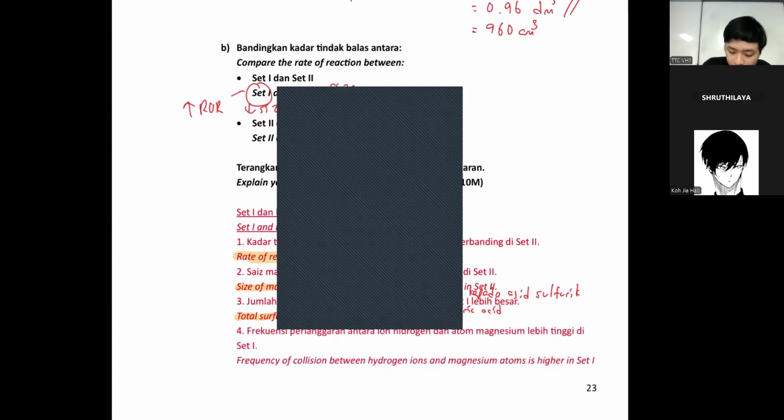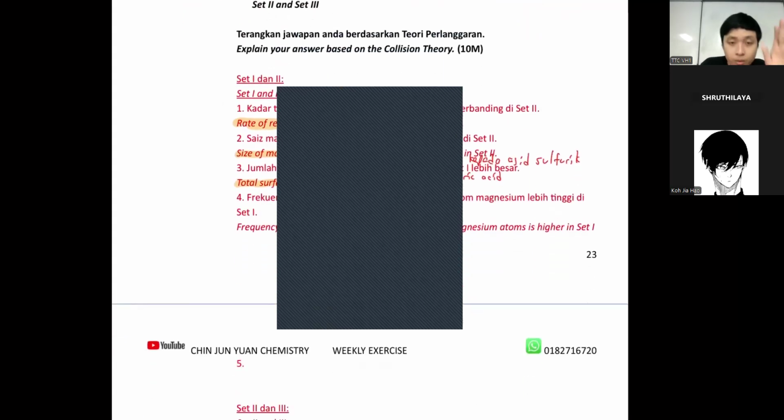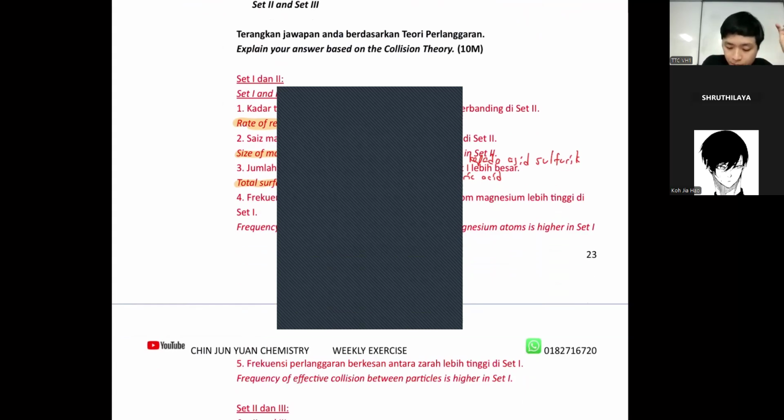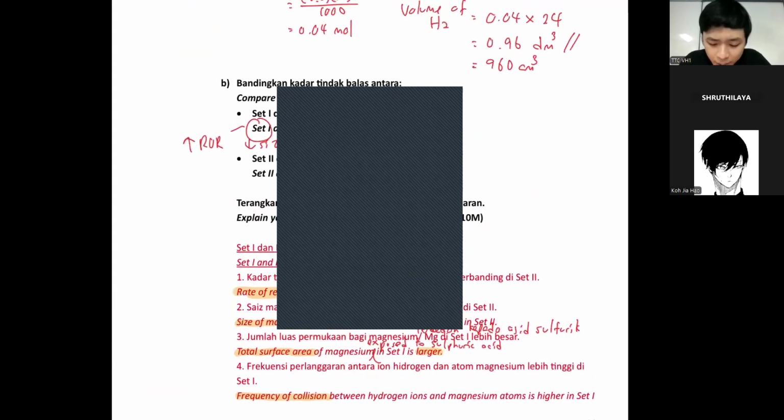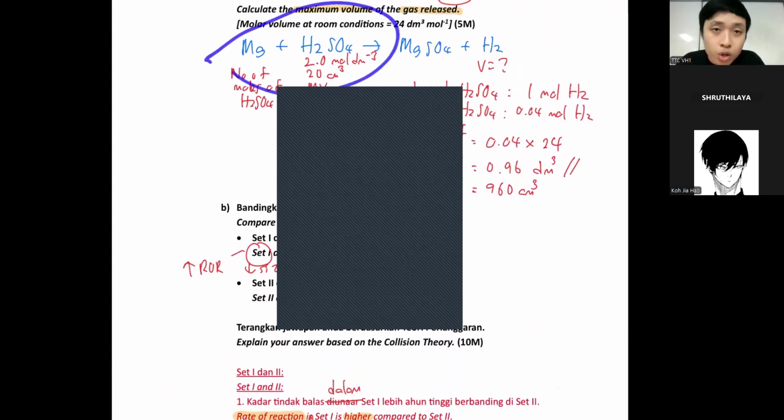Then the 4th and the 5th sentence, very easy. FOC, FOEC. Frequency of collision. Now this one, be careful. I know the chemical equation is Mg and H2SO4, but the sulfate ion is not important.